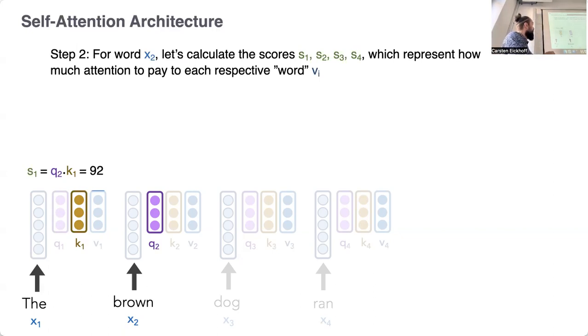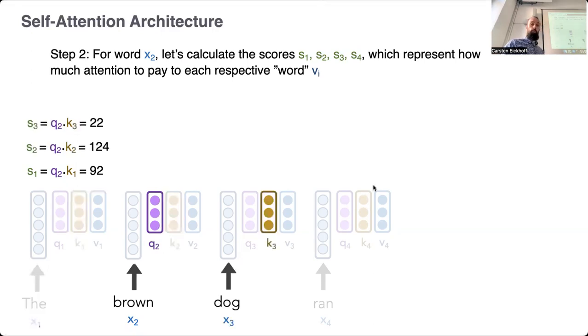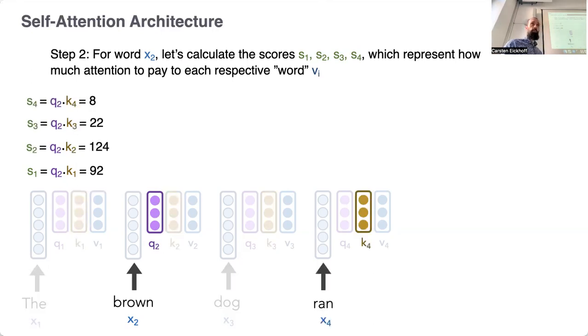But again, I'm now representing brown, right? So I want my Z2 for brown. I'm starting out, this becomes my query for everything I do in this step. Q2 here, the query for brown, I'm searching for brown. I'm latching this on to the keys at brown, at dog, at ran, right? So I'm going through these, computing my S's here.